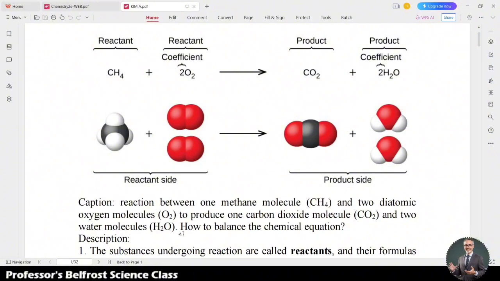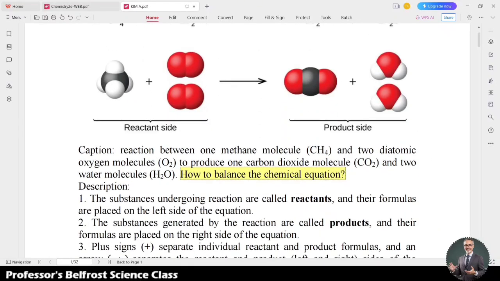So the question for this chapter actually begins with this simple question: how to balance the chemical equation, so that we know that we have one methane, two oxygen, one carbon dioxide, and two water molecules. So here is how we do this.